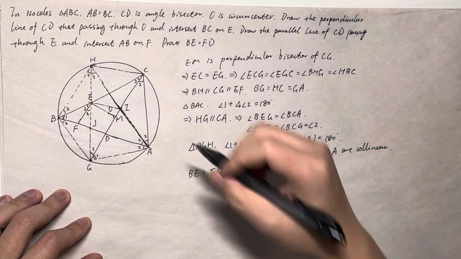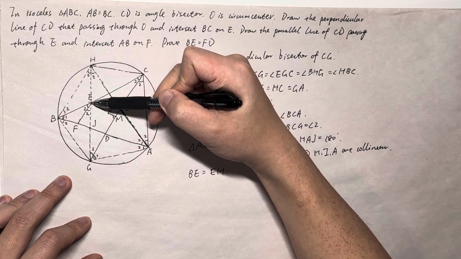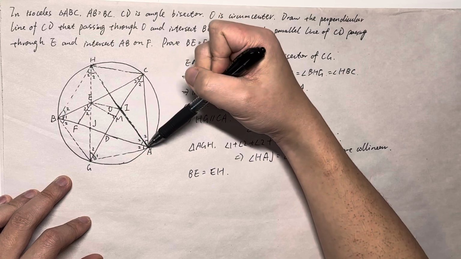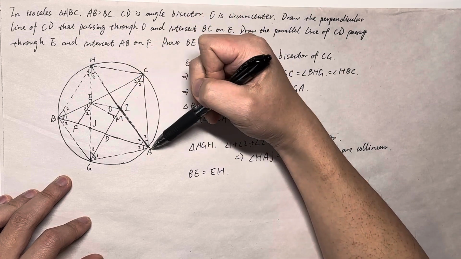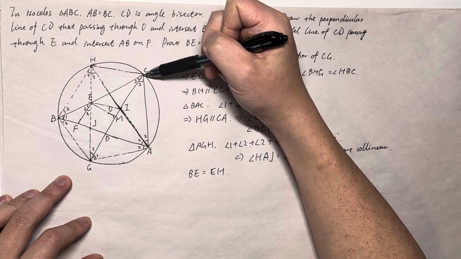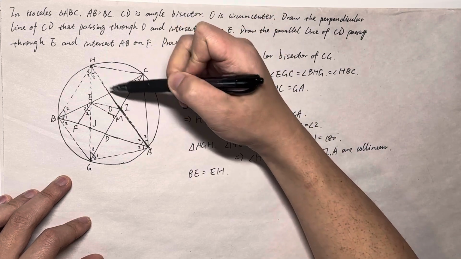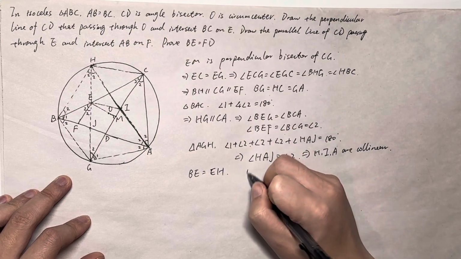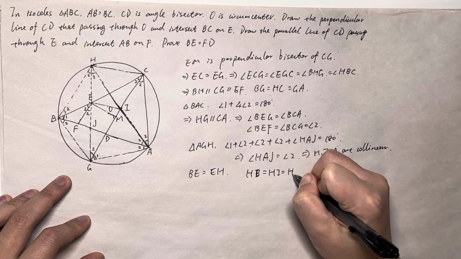So think about triangle BHE and triangle IHE. Because AH is the angle bisector of angle BAC, we know that HB equals HI equals HC.